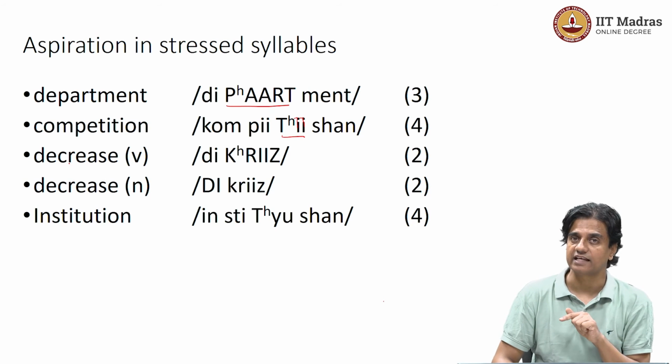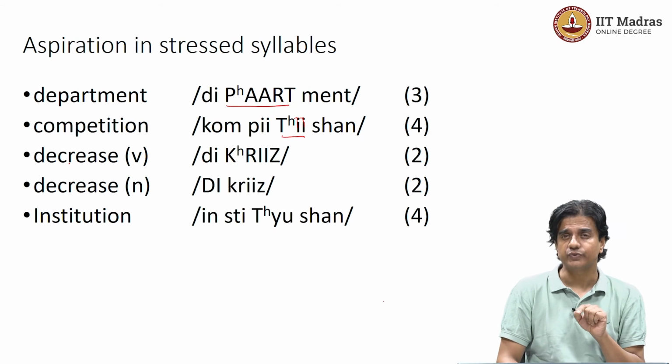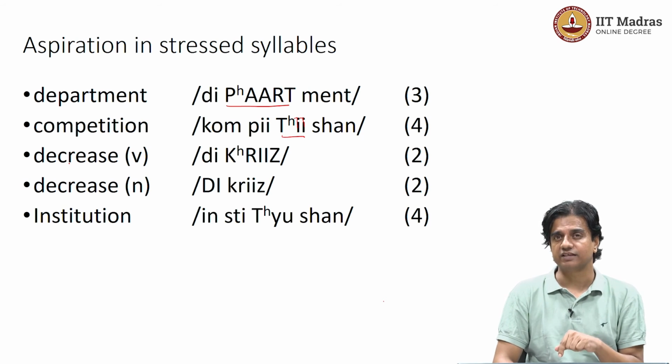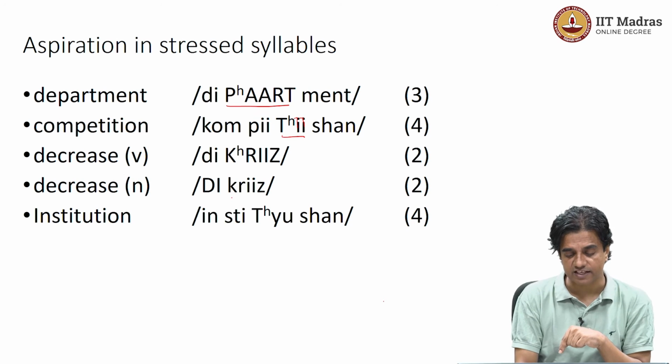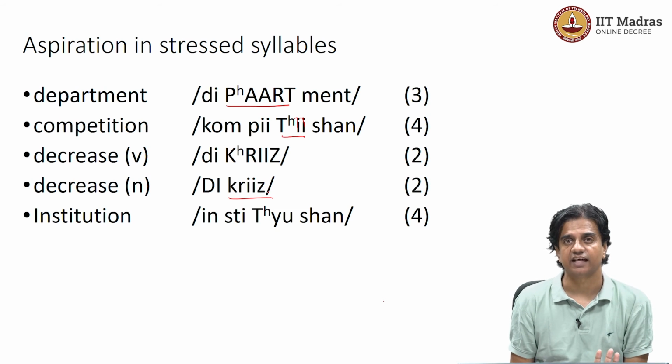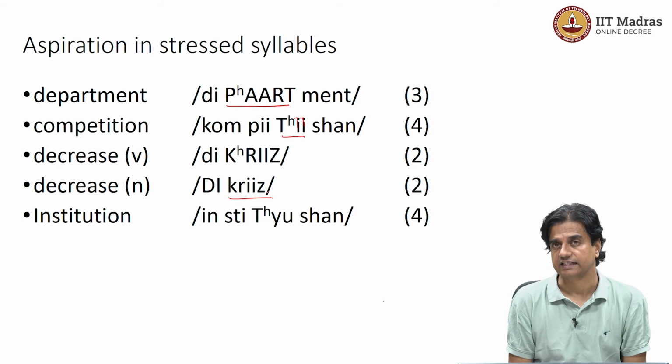Therefore, it gets aspirated. But when it is used as a noun and the first syllable is stressed, then the same sound ka at the initial position of a non-stressed syllable is not getting aspirated. So, this word sounds like decrease.